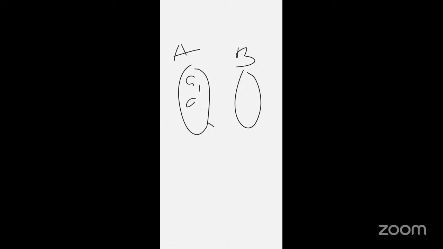Supposing we have a set A and another set B. This is set A and set B. So in set A, we have A1 as element, A2 as element, A3 as element. In B, we have B1 as element, B2 as element, and B3 as element.